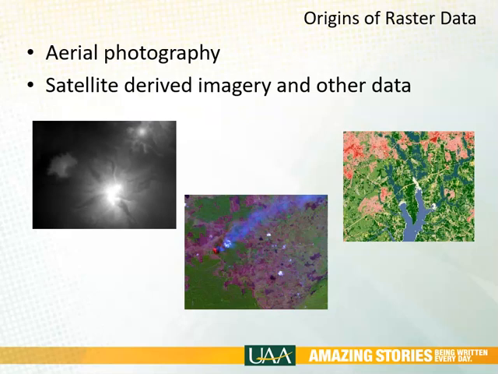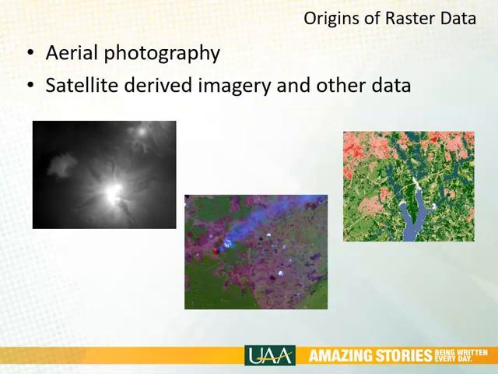The picture in the middle is what's called a false color map that uses infrared radiation that is sensed by satellites as well as visible light to produce a map that helps us to disaggregate different types of vegetation in an area. It's very commonly used especially in vegetation studies.